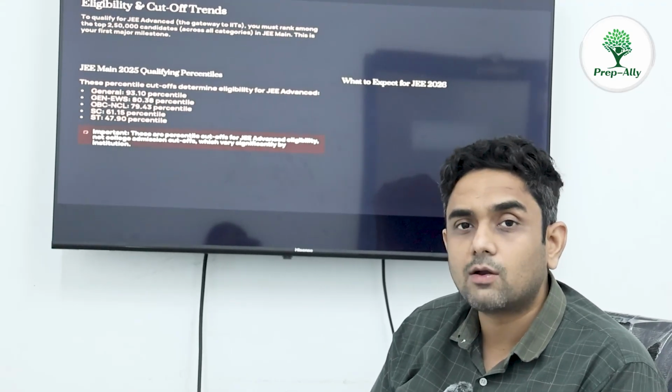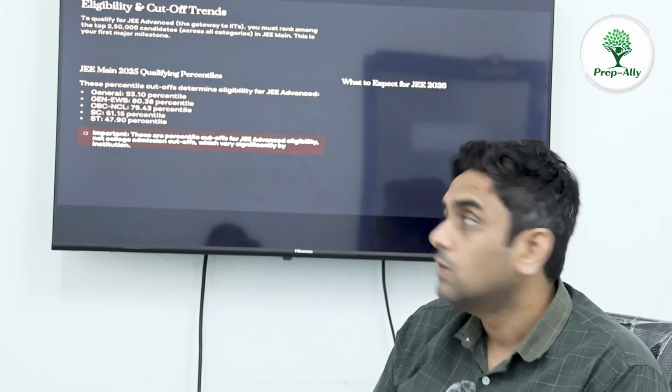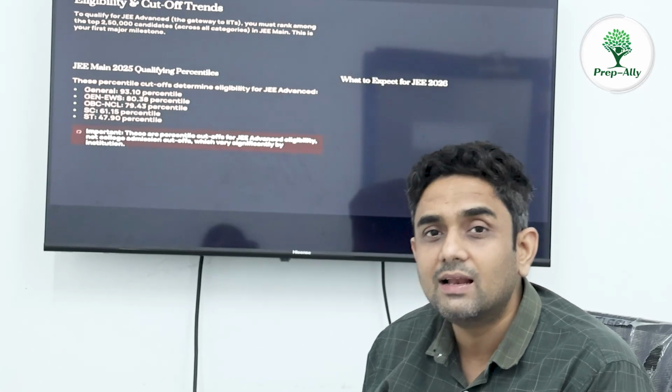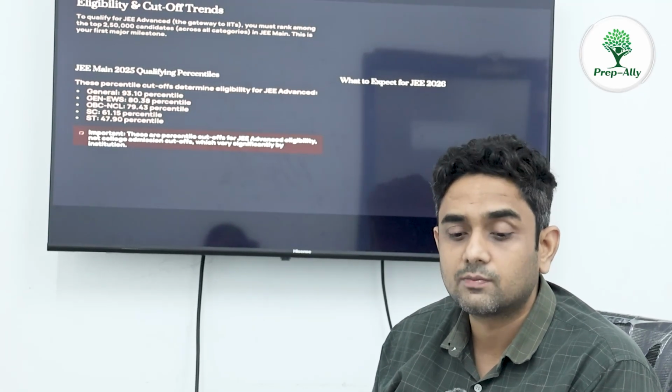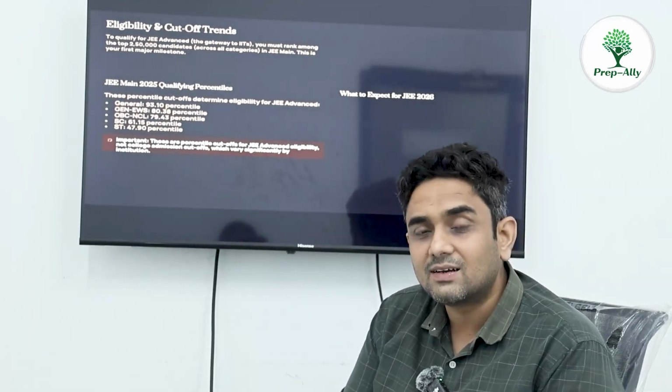So you can expect that on an average in 2026 you need to get around 0.5 percentile extra. Let us say that if the general cutoff this time was 93.1 percentile, maybe we can say that it will be around 93.6 percentile in 2026. So as applicants increase, the percentile will also increase. This is the trend that you can expect.